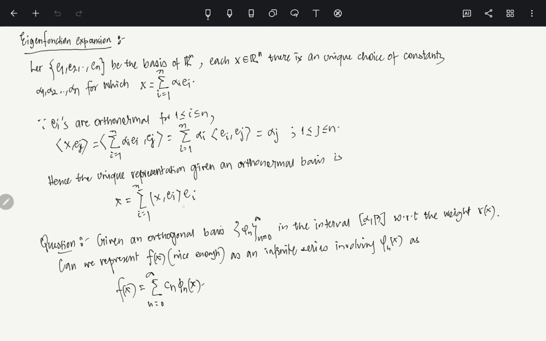This series, summation alpha i e_i, is from i from 1 to n, so it's a finite series. In case of a finite series, you don't have to worry about convergence because it's a finite sum. But once we have infinite cases, then we have to talk about convergence.